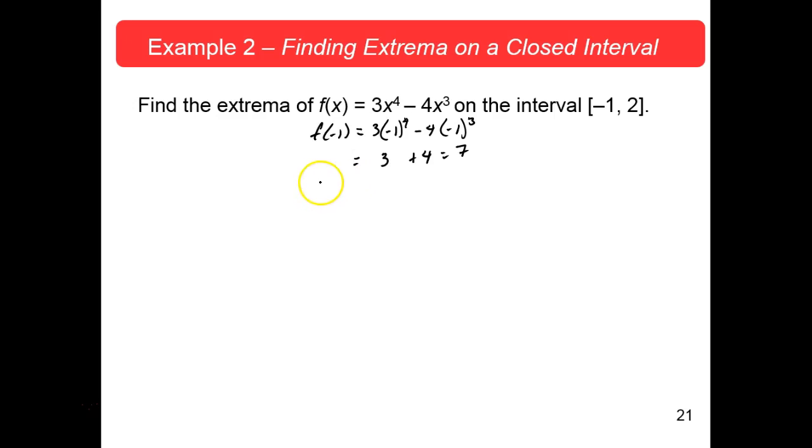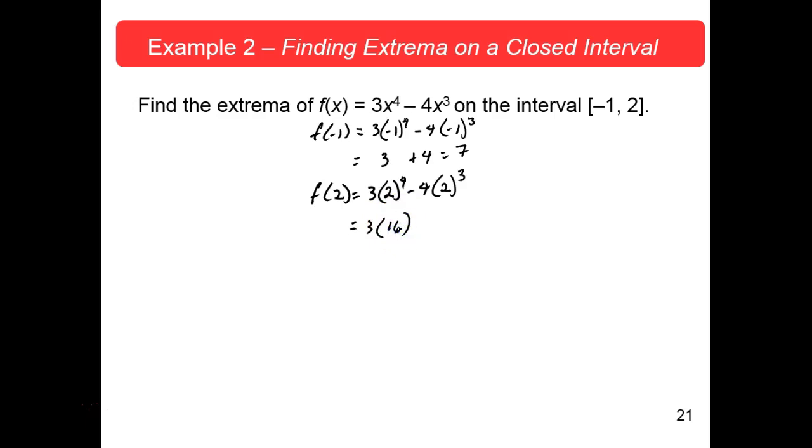How about the right end value? F of 2 would be 3 times 2 to the 4th power minus 4 times 2 to the 3rd power. What would that be? 3 times 2 to the 4th. 16. All right. Here's the way I think of it.